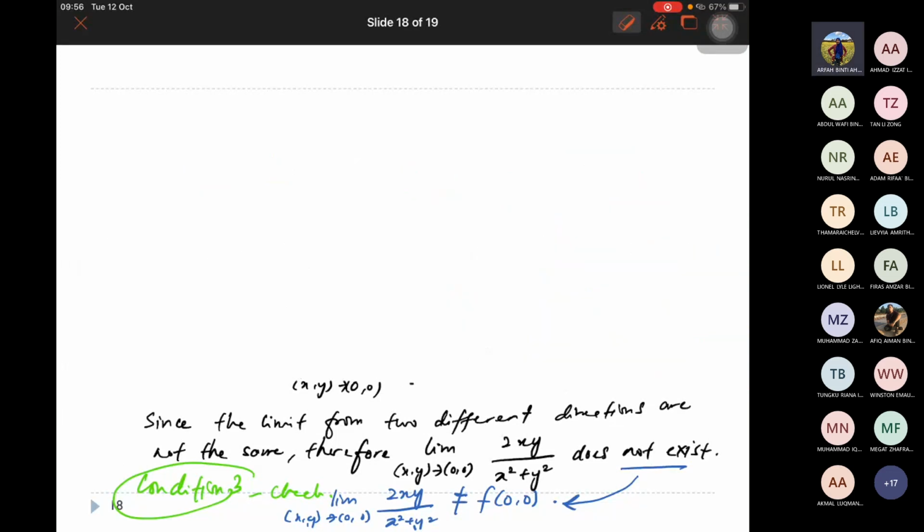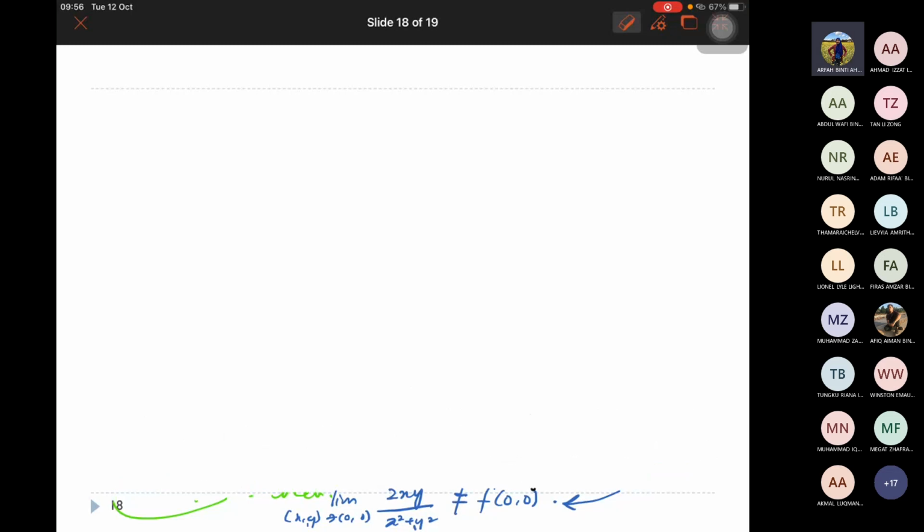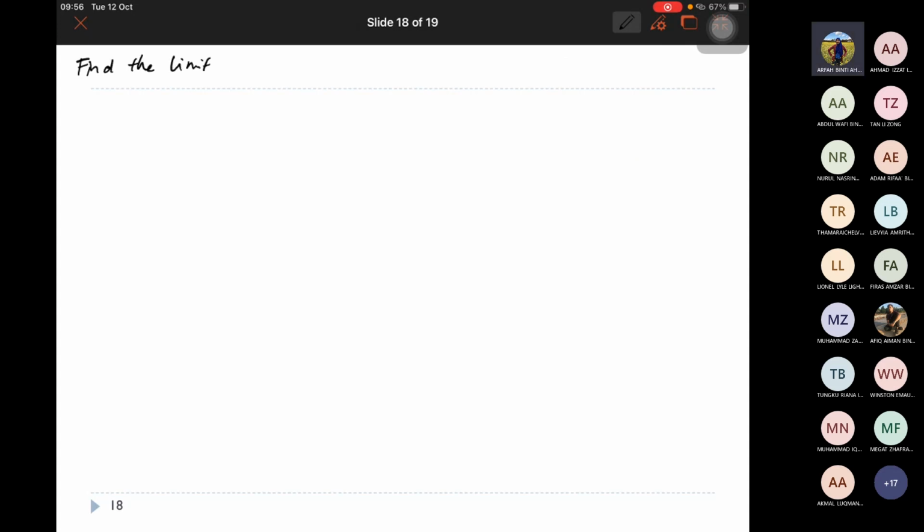Soalan dia, find the limits of the function.